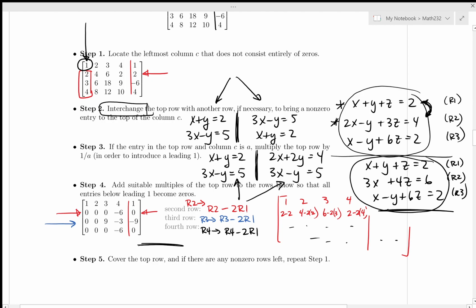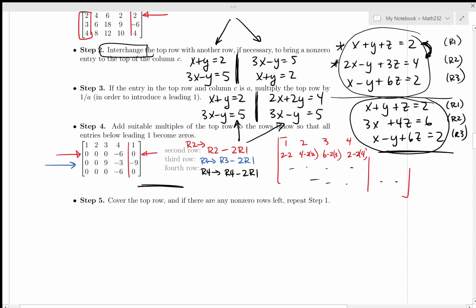So these little instructions that are here are not mysterious. They are things that we can do to our equations that do not change the solution set. The three numbers or the two numbers that solve our system of linear equations remain the same when we do these operations. That's what allows me to do that.